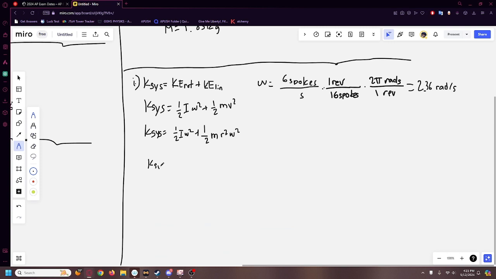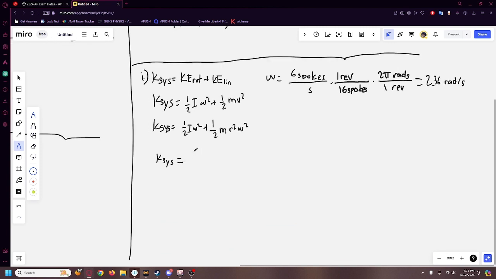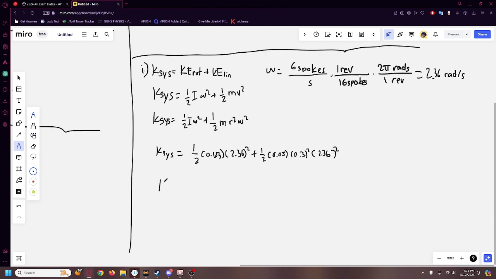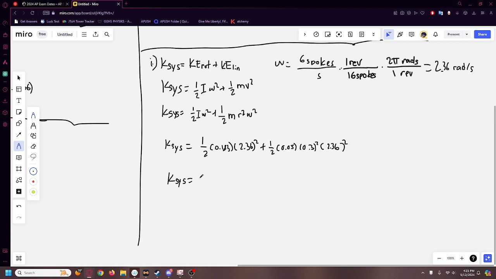So K system is equal to 1/2 I, which is 0.183, omega is 2.36, mass is 0.05, R is 0.3, and omega is that. And you multiply together and add them, it equals about 0.52 joules.